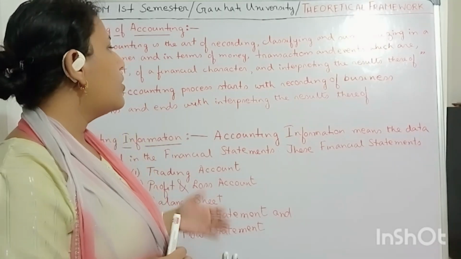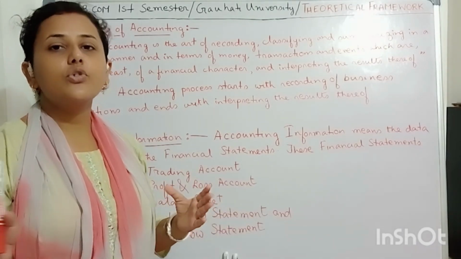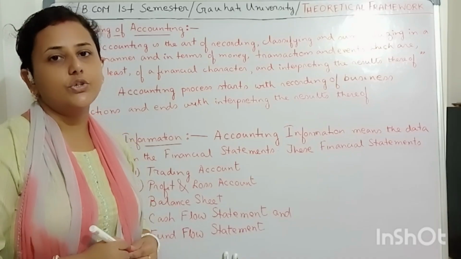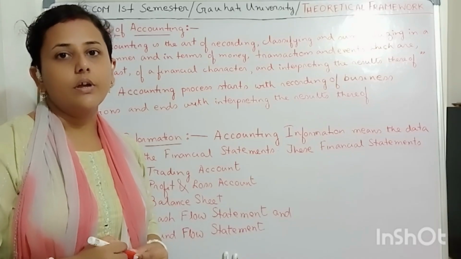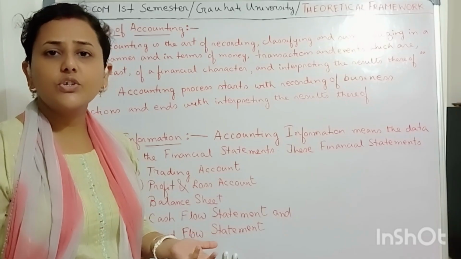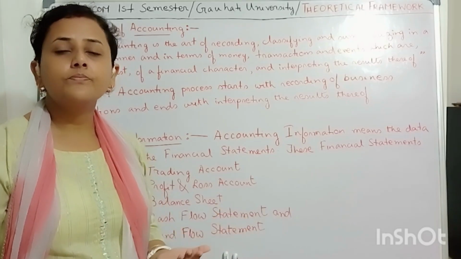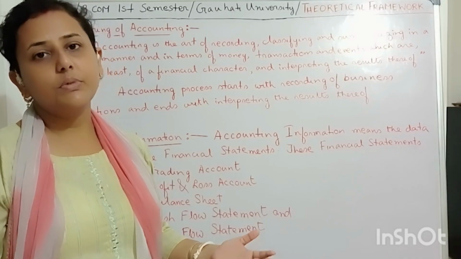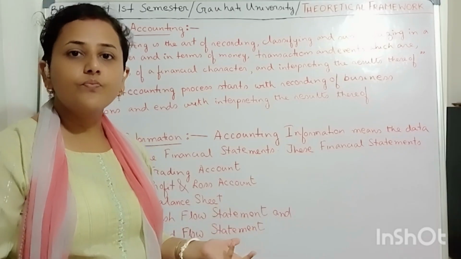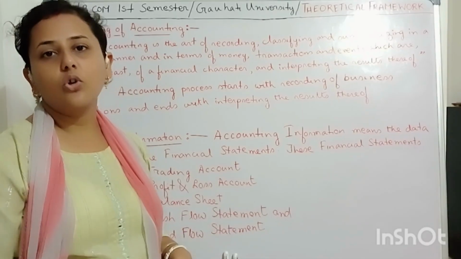So these all are financial statements. The records of a business organization are kept in these financial statements. Whenever a user of the financial statements of a business wants to know its financial condition, he can check the financial statements to know whether the business is earning profit or incurring loss.